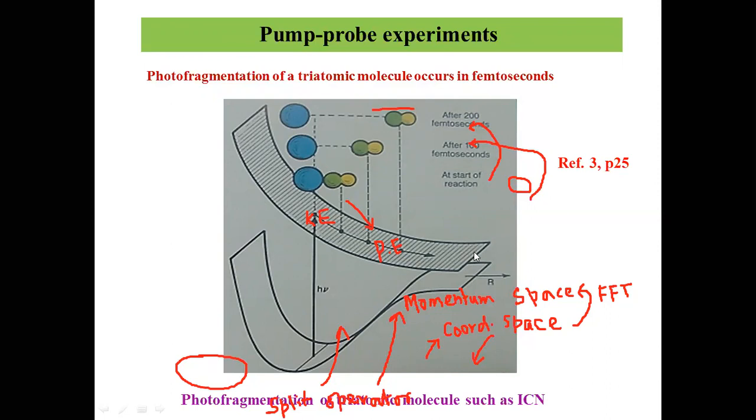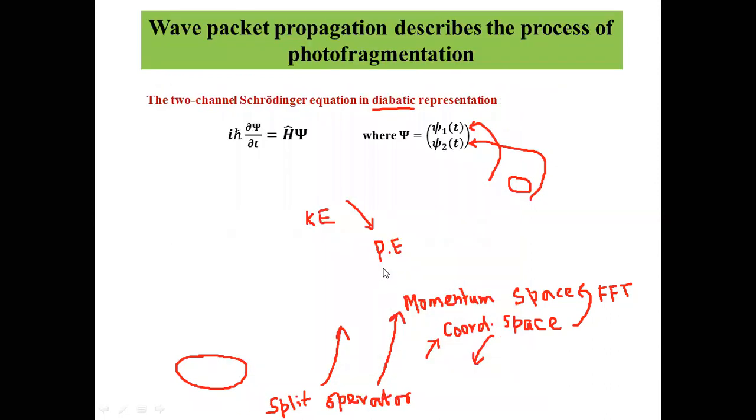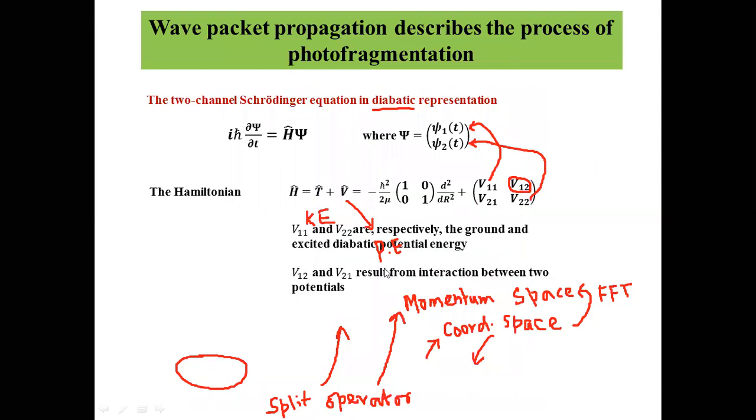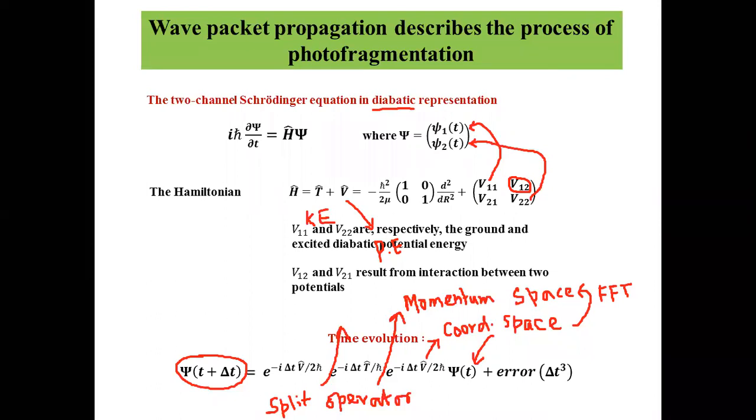So that is the basic idea why we need to go for this potential energy surface and do the time evolution. Once we have this function, we will be able to get the property. So this is very briefly how we do the wave function propagation on the two-state potential energy surface. Now with this, I would like to discuss the actual spectrum, how we get it.